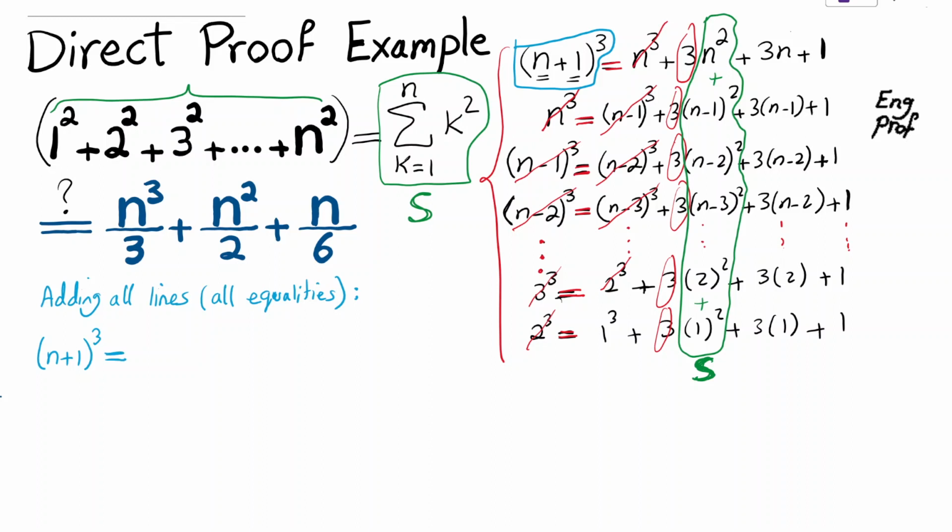On the right hand side, I get 1 to the power 3. Maybe I change the color so that it goes back to what you are comfortable with. So it equals 1 to the power 3 plus 3 times S. S is the sum of interest that we want to compute, plus 3 times.